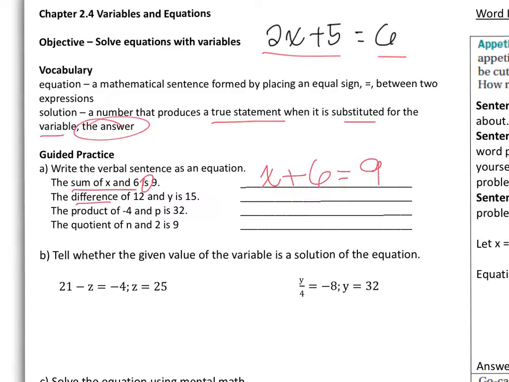The difference of 12 and y, 12 minus y, is 15. And then we have the product of negative 4 and p is 32. And then we have the quotient of n and 2, so it should be n over 2 equals 9.